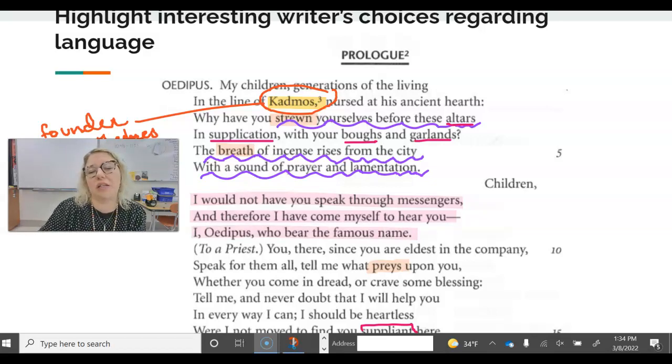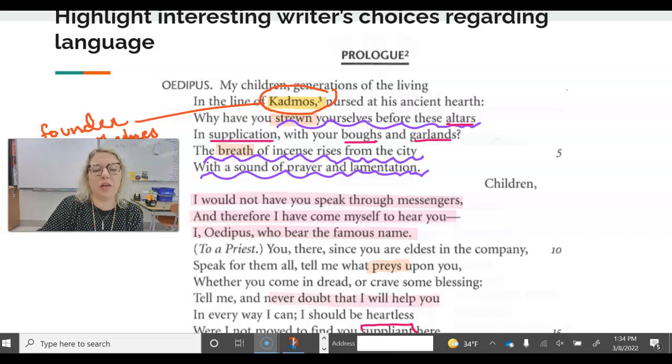His attitude is, I am humbling myself to you. This is how much I care. I'm a great man, and yet I'm speaking directly to you, the regular inhabitants of Thebes.